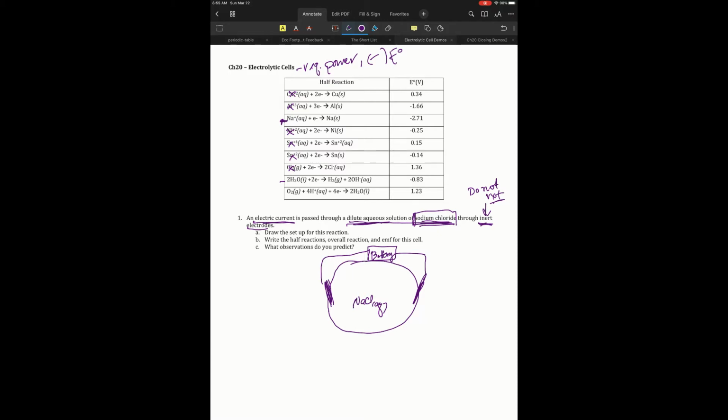Right, so first of all, this is the most negative of our reduction processes, and odds are that one's not going to be the one that happens, because if there is one that happens with less power input, that's going to be the more likely option. Second of all, if we were to produce solid sodium in an aqueous solution, what would happen?